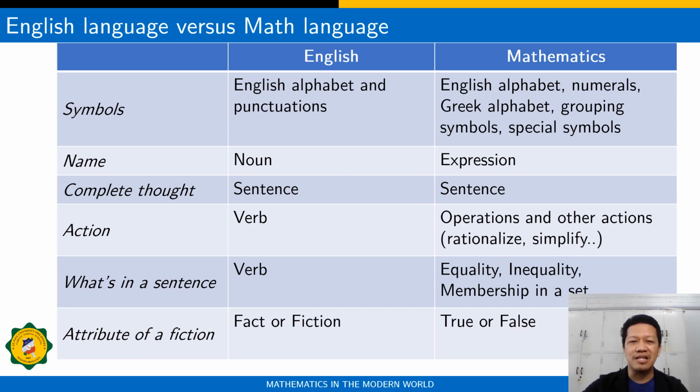There is a verb in English, but in mathematics, this can be the equality, the inequality, and membership in a set. We will learn later the different symbols used to represent equality, inequality, and membership in a set. In English, we have a fact or a fiction, but in mathematics, we can say that a sentence can be true or false. So that's the comparison of the English language and the mathematics language.